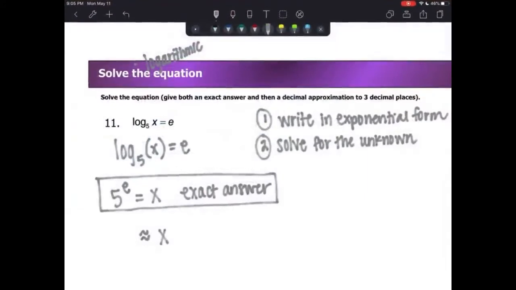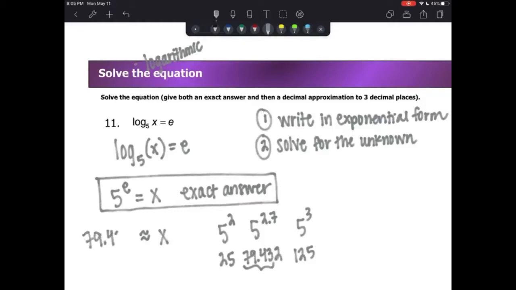So it makes sense that 5 to the 2.7-ish power is going to be in between 25 and 125, which is exactly where 79.432 lies. So 79.432 is our approximate answer.